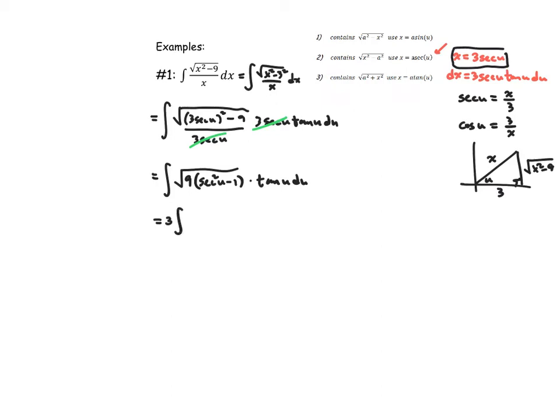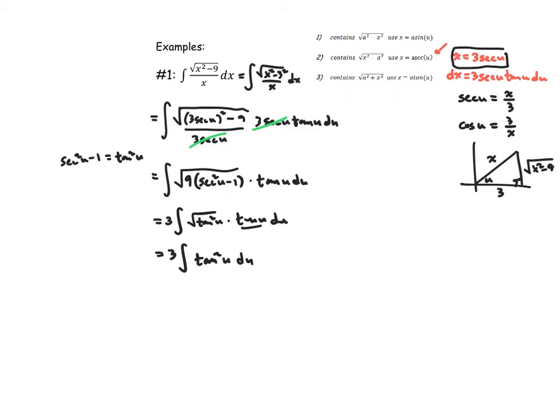And secant squared u minus 1 is actually equal to tangent squared u. So I have 3 times the integral of tangent squared u times tangent u du. The square root of tangent squared is tangent, and tangent times this tangent is tangent squared. Now, that's going to be difficult to integrate.